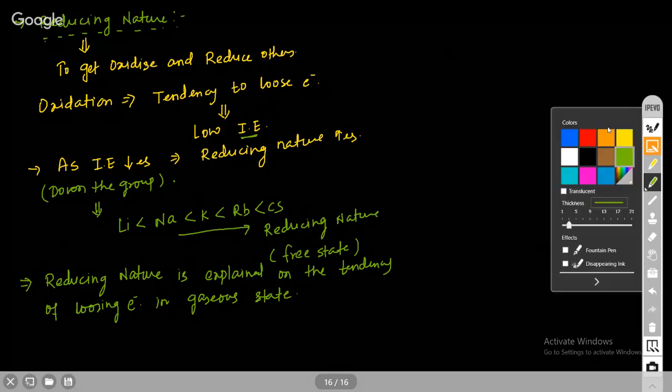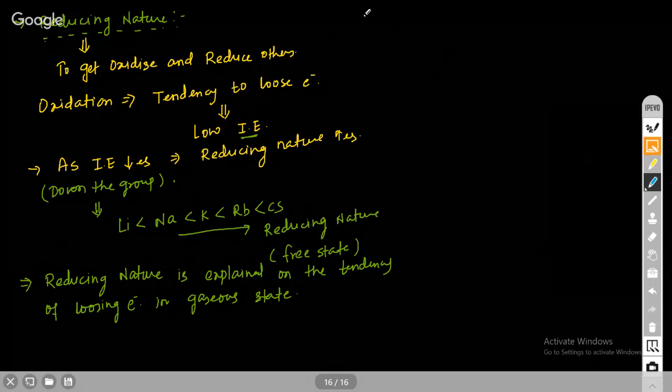Next, write down, however, the tendency to lose electron in solution is explained by its oxidation potential.